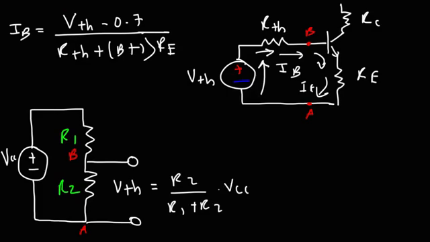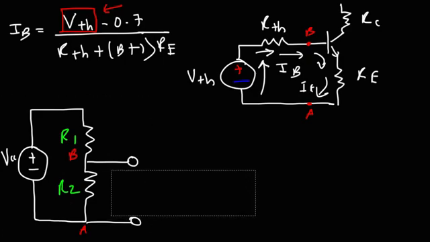And so that's what we're going to replace V Thevenin with in this formula. So that's where we get that part of the formula from. It's from the voltage divider network that is formed from R1, R2, and VCC. So now the next thing we need to do is calculate the Thevenin resistance.